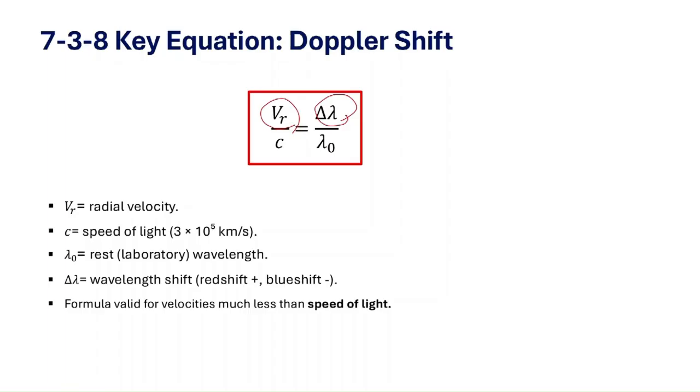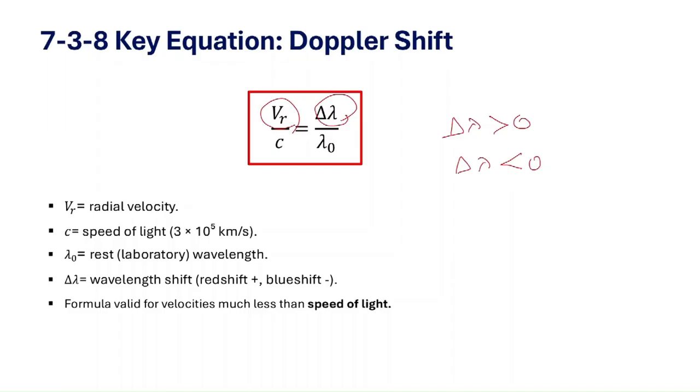If delta lambda is greater than 0, it means redshifted, so the object is receding. And if delta lambda is less than 0, a negative value, it means blue shift. That means the object is approaching. So this works for velocities much less than the speed of light, which is true for most stars in our galaxy.